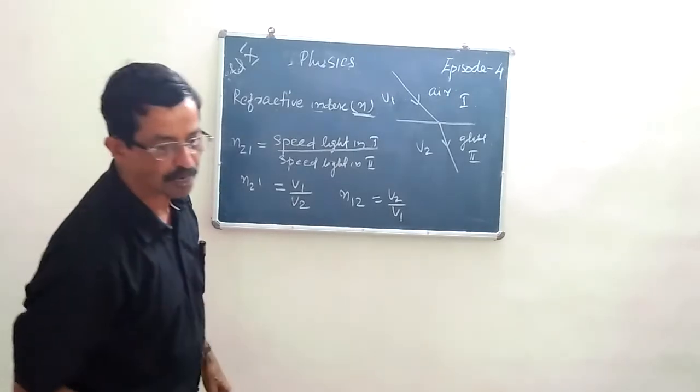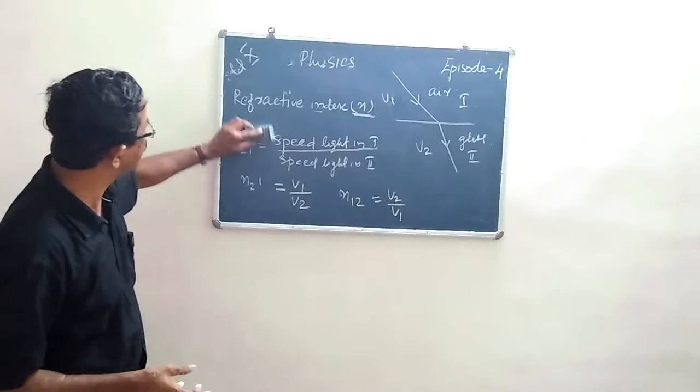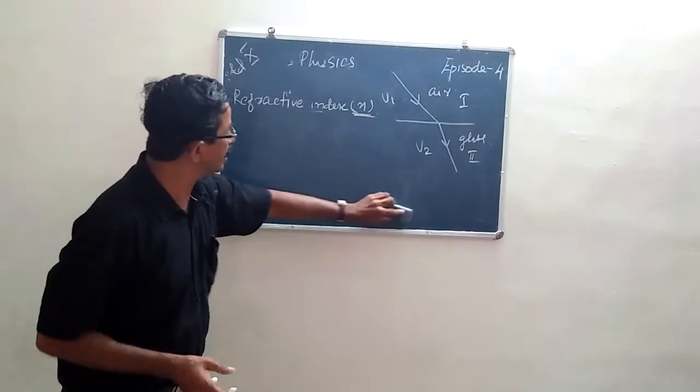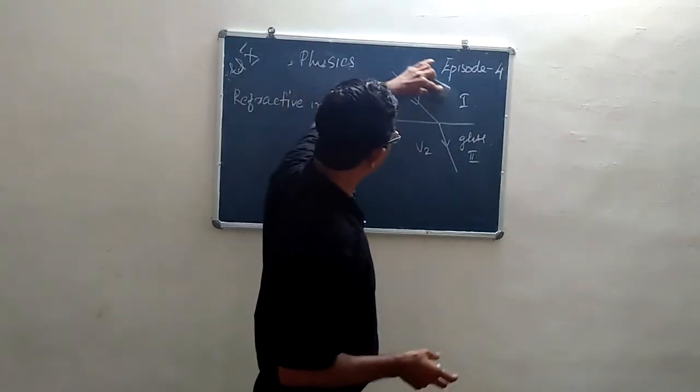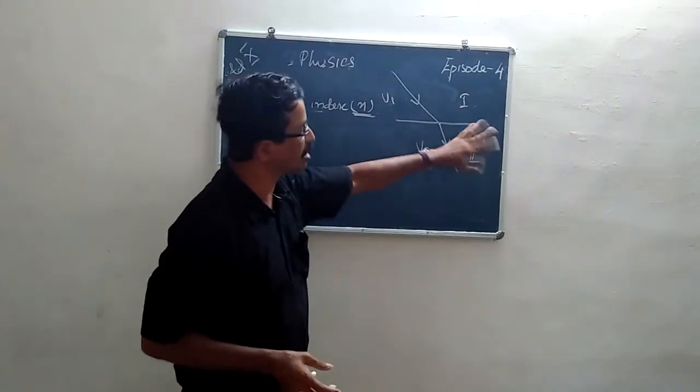If light travels from air or vacuum, suppose that we consider nearly equal speed. Suppose light travels from vacuum as the first medium, then the second medium is some other one.